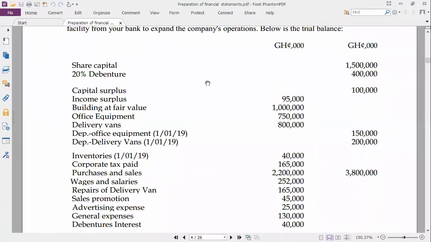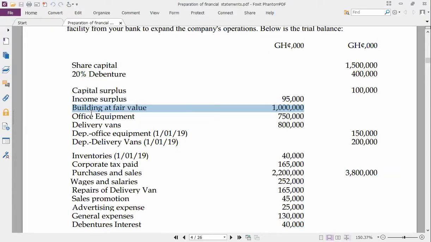You should know where all the items go, one after the other. Share capital will go to changes in equity or the equity section. The debenture will go to non-current liability, capital surplus, equity, income surplus, equity, building at fair value, investment property. So it goes to non-current asset.